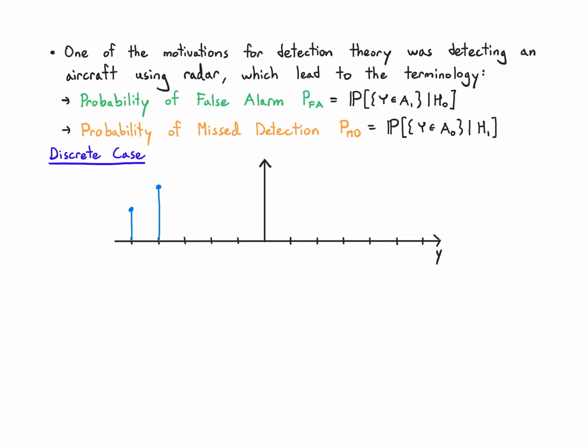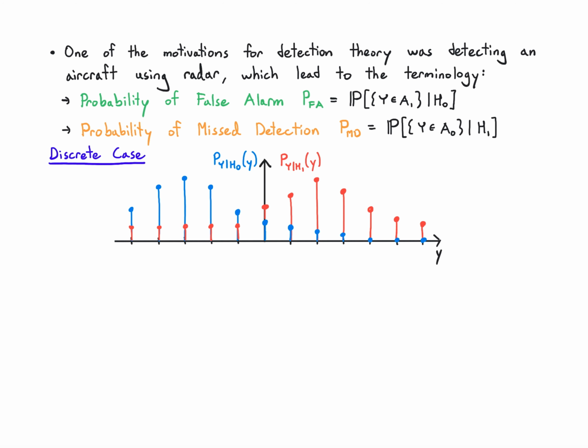Here is the conditional PMF for y given H0, and here's the conditional PMF for y given H1 in red. I'm also going to put in these red values here and these blue values here. I'm just going to pause and tell you what's going on once I've written this.